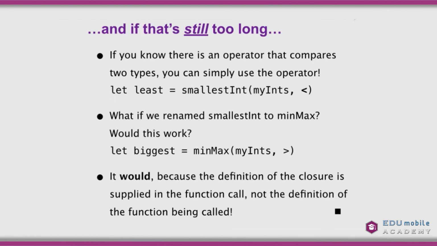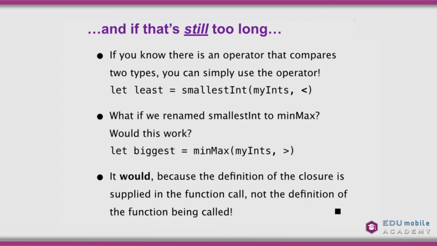So, considering the power of this, what if we rename smallestInt to minMax and said let biggest equal minMax with that array and the operator function greater than. Would that work? That would work, because the definition of the closure is supplied in the function's call, not in the definition of the function being called.